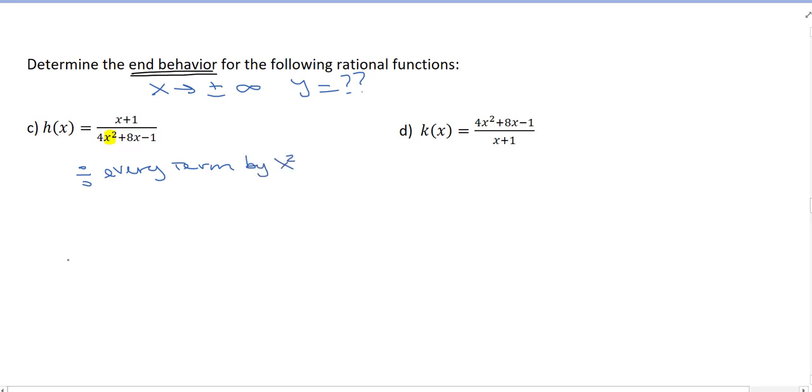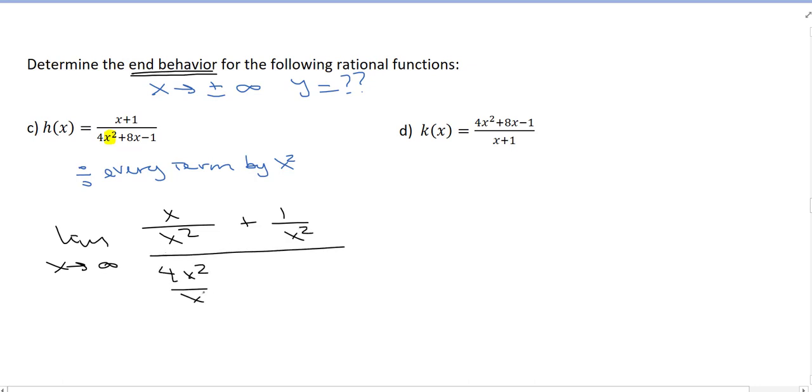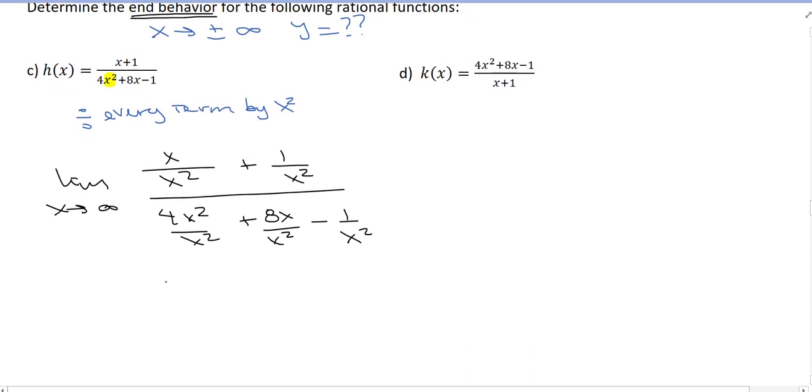What that's going to look like is I'm going to take the limit as x goes to infinity of x over x squared plus 1 over x squared, over 4x squared over x squared plus 8x over x squared. If you don't want to do this particular step, at least tell me that you're doing this, that you divided every term by whatever you're dividing by.